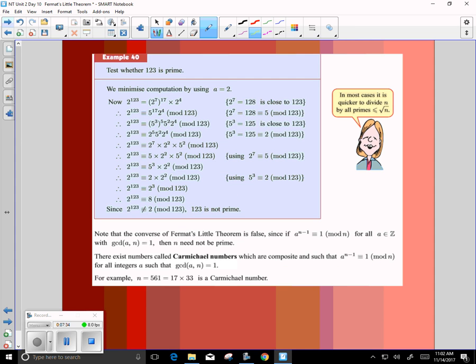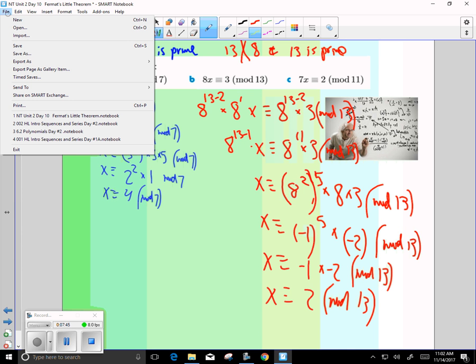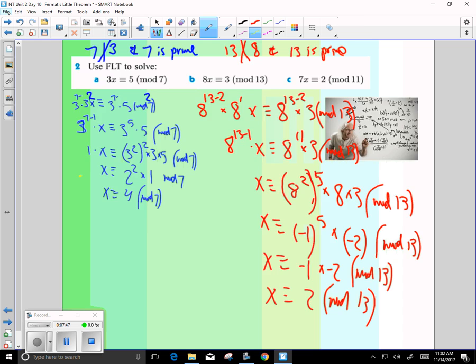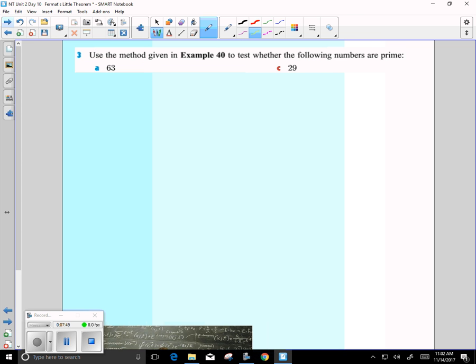So if we took this example 123, all you have to do is take 123. Let's just do one. I hate to do one from the assignment because there aren't that many, but let's just do 63 here and see if 63 is a prime. Okay?